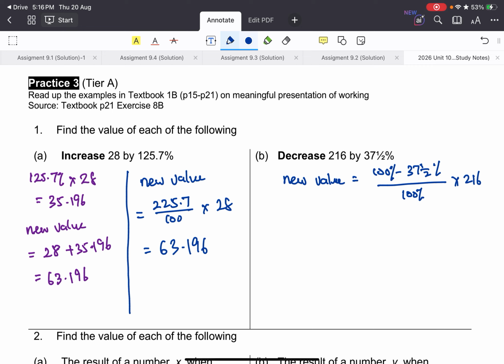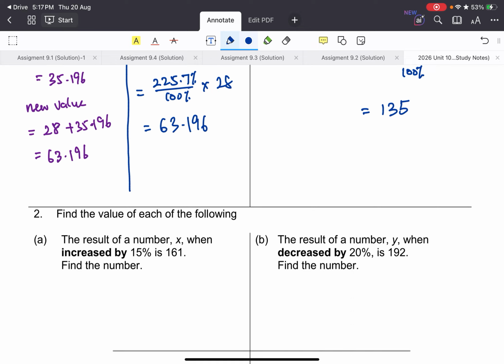Down here, you should put the percent sign, but it's fine. So we find the difference, the decrease over the original, which is 100%. We work this out, and this will give us 135.